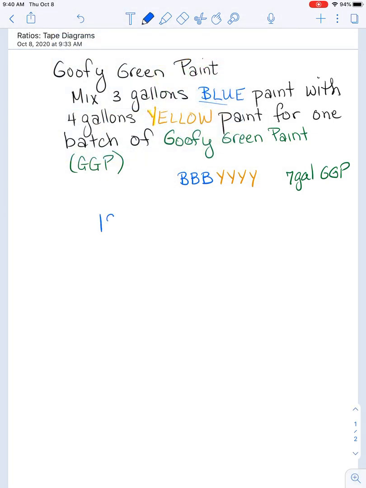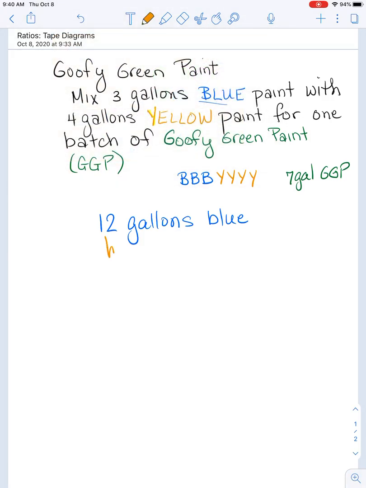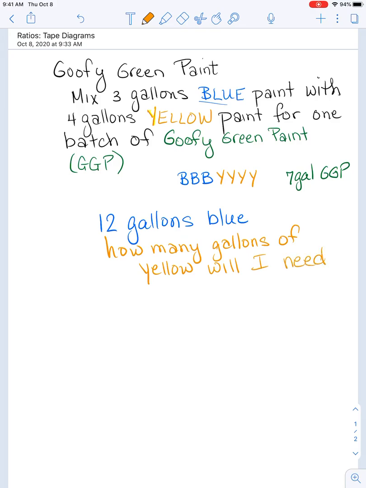All right, so if I have 12 gallons of blue paint and I want to use it all up, I want to know how many gallons of yellow I will need to make this paint. I want to use all 12 gallons of blue because I don't want to waste it.